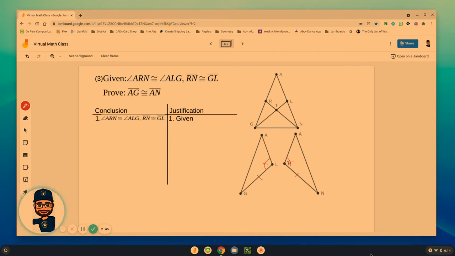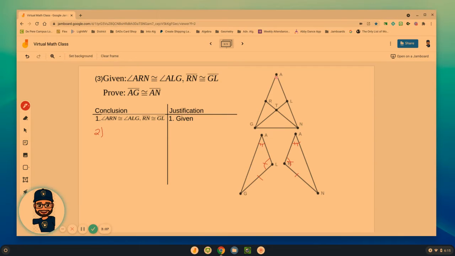Now, anytime we have overlapping triangles, there's probably something that they both have in common. In this case, they both have this angle A in common. It's the same angle, right? We're pulling it out from the top of this triangle up here.